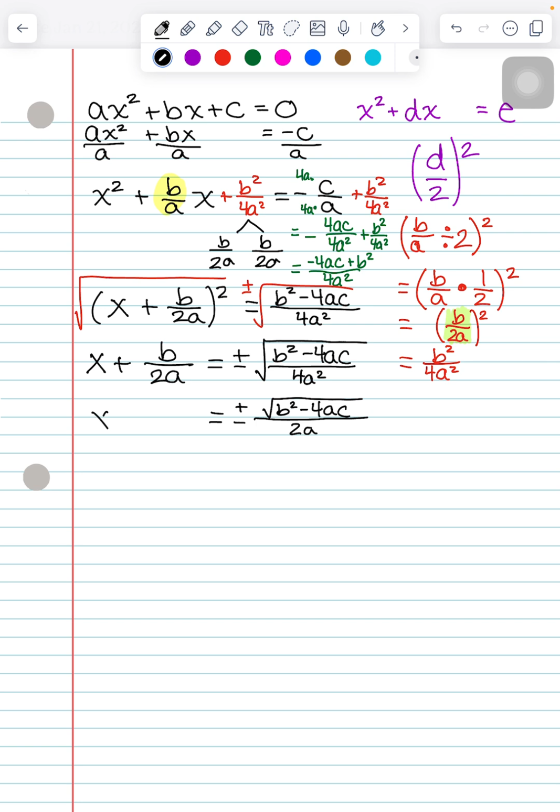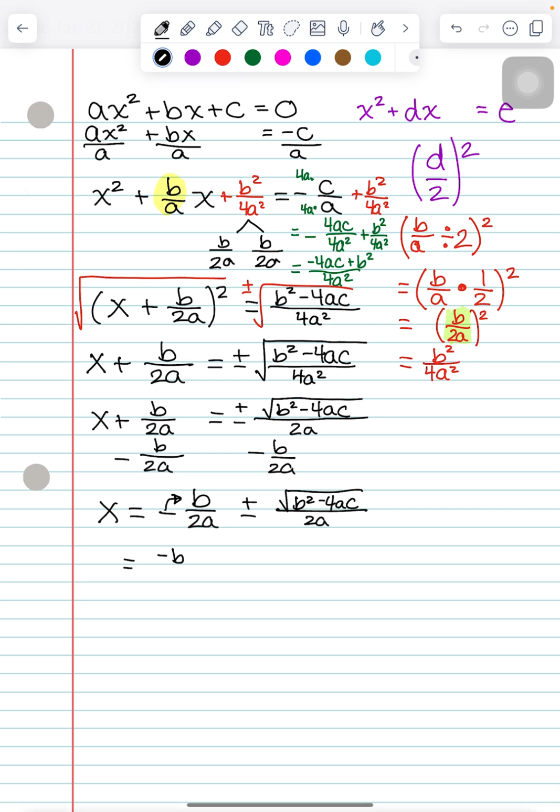Still have this x plus b over a, or sorry, x plus b over 2a. Now, to get x alone, I subtract that b over 2a. And I get x equals negative b over 2a plus or minus the square root of b squared minus 4ac all over 2a, in which I want to add those fractions, and thankfully they have a common denominator, and so I get negative b, because when you have a positive or negative in front of a fraction, put it up top.